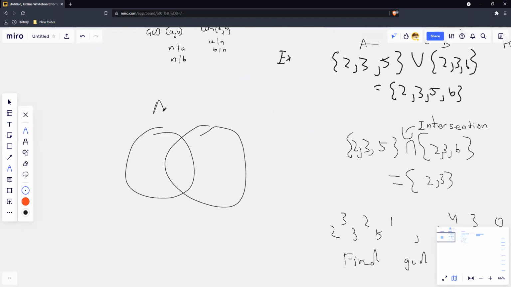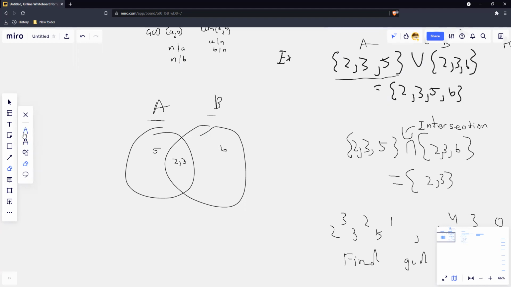Here we have the numbers 2, 3, and 5 in set A, and in B we have the numbers 2, 3, and 6. What goes in both A and B? Correct, 2 and 3 both are here. Okay, and then we can add these.